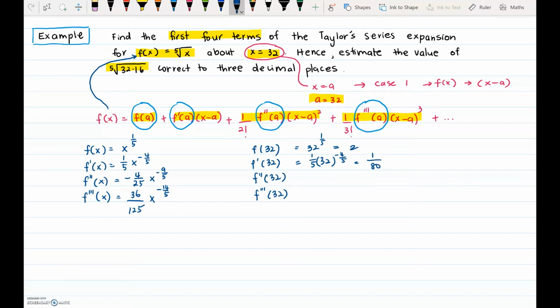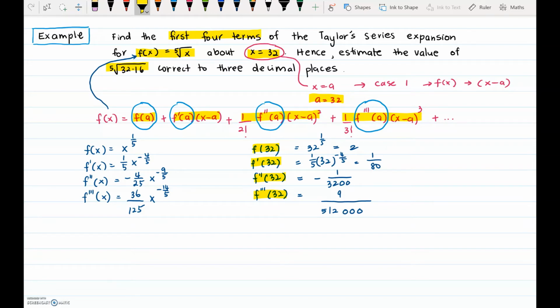Then for f double prime 32, you will get negative 1 over 3200. And lastly, you will get 9 over 512000. Make sure all the values of your f(a), f prime a, f double prime a, and f triple prime a are either whole numbers or fractions, but not decimal numbers.